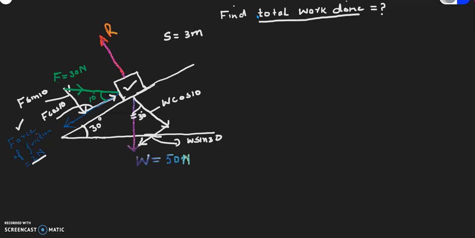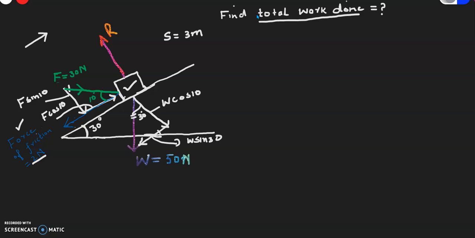So first we take into account again the weight and find out which component is relevant here. This component, W sine theta, is relevant here because it is resisting the motion of the block. It is acting downward, and our motion is in this direction. We are pushing the block upward.